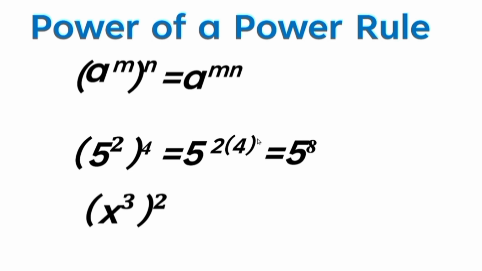Another is x cubed raised to the power 2, which is equal to x to the power 3 times 2, and this is equal to x to the power 6. This is the power of a power rule.